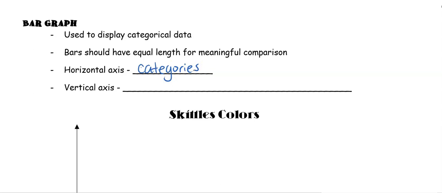And the vertical axes can be the frequency, which is the count, or the relative frequency, which is the probability.